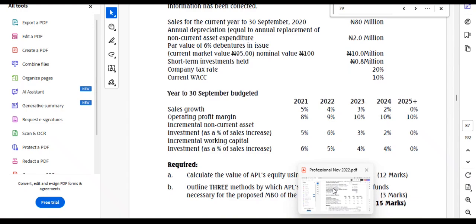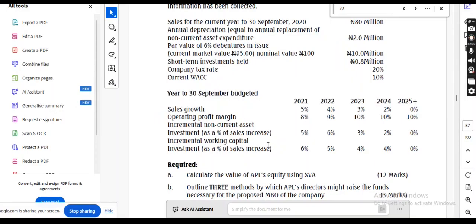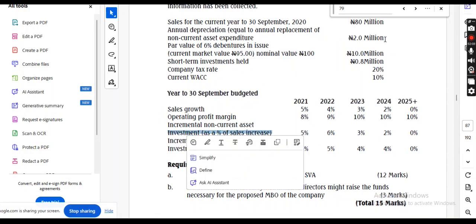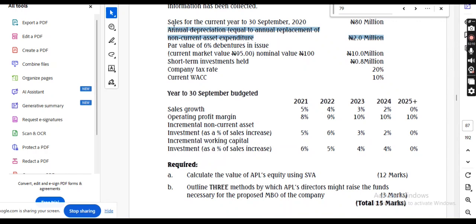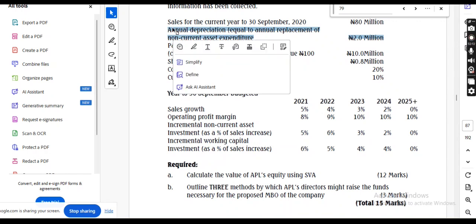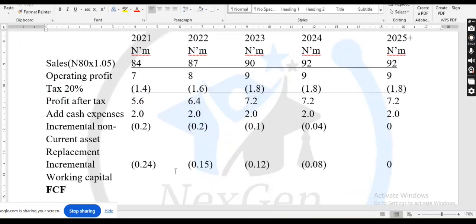That is why I say this question is kind of technical. The first part is the sales increase. The second part is how to treat this. The annual depreciation equals annual replacement of non-current assets, so it is still the same as your replacement cost, 2 million.